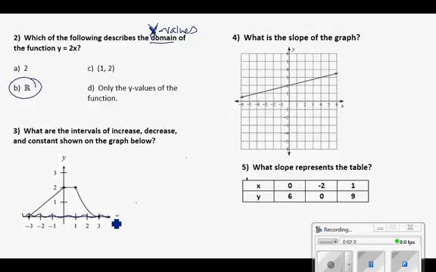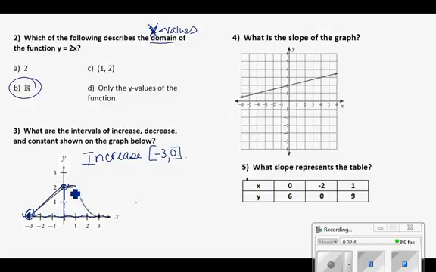If you start right here, the first thing we're going to do is increase. So we have an increase, and we're using brackets because we're not identifying ordered pairs, from -3, and it stops increasing at 0. So -3 to 0.